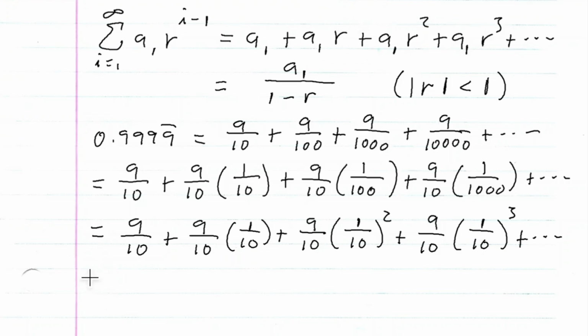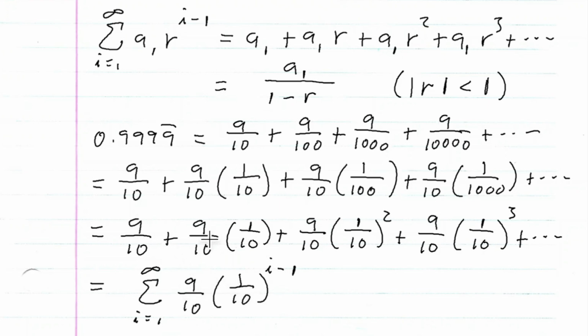So we know that this is equal to the sum from 1 to infinity of 9 over 10, right, times 1 over 10 to the i minus 1, right? The first term, when i is 1, it'll be 0 for 1 over 10, so we'll just have 9 over 10 in the first one.